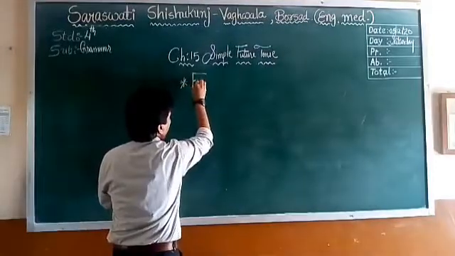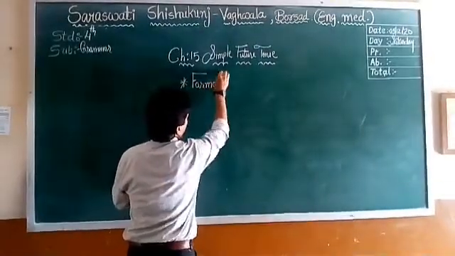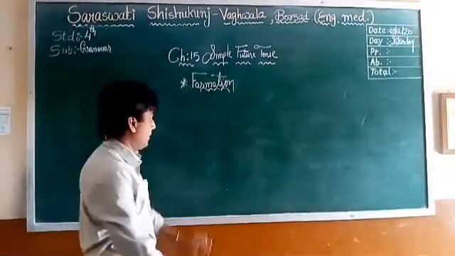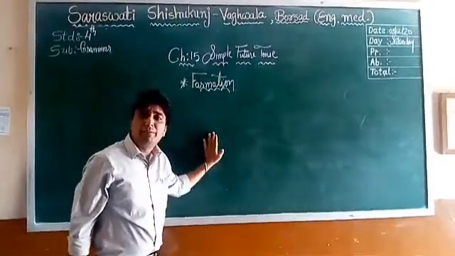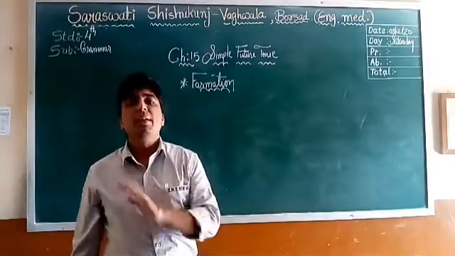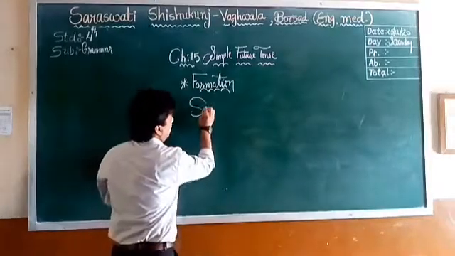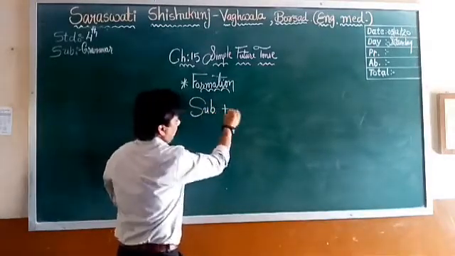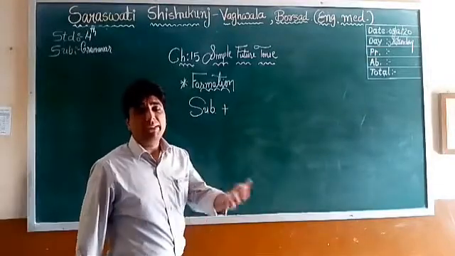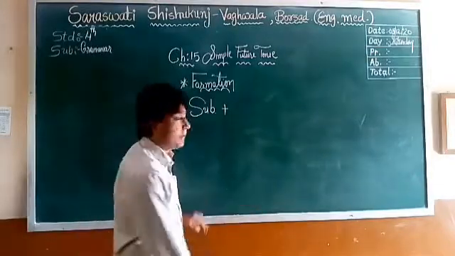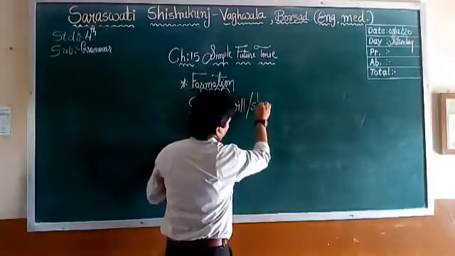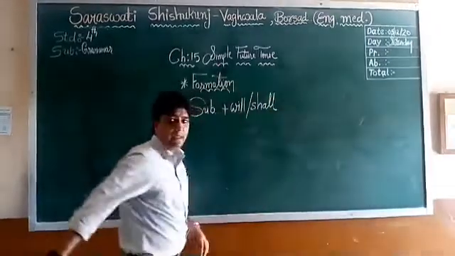Let's see the formation of a sentence. As we know, first there must be a subject. So first there will be the subject, plus there are two words, or helping verbs, that is will or shall.